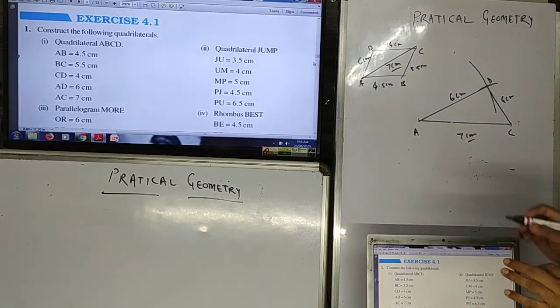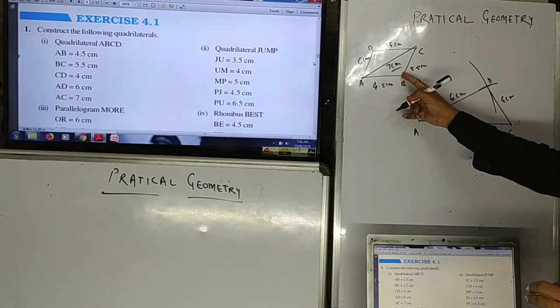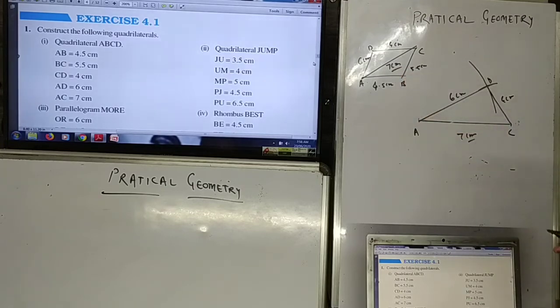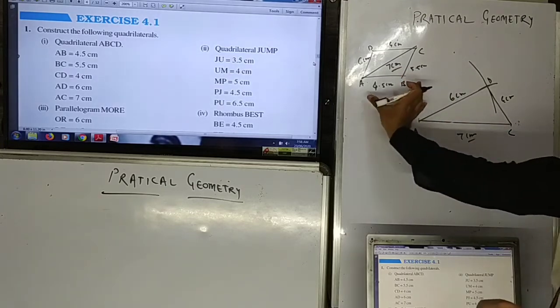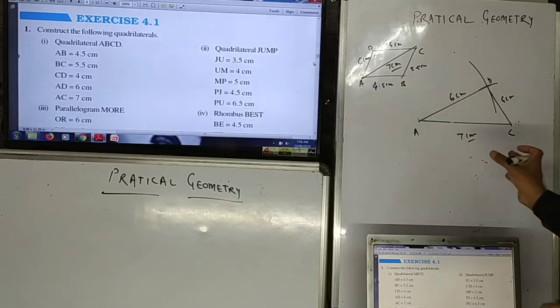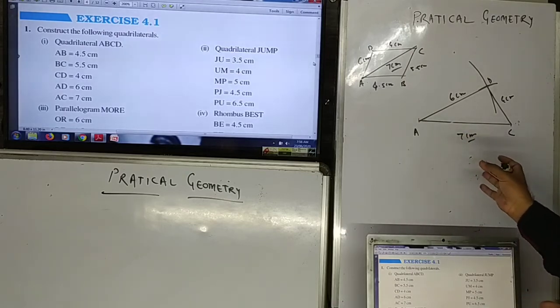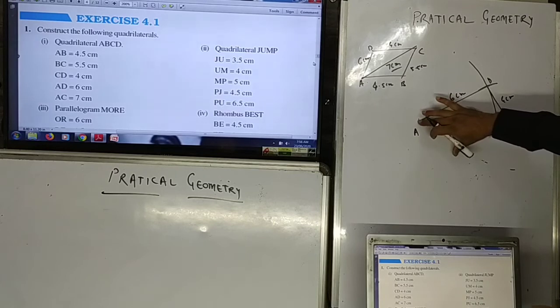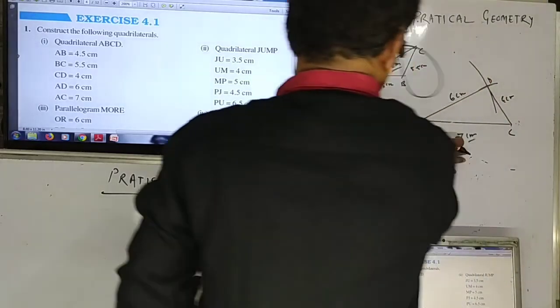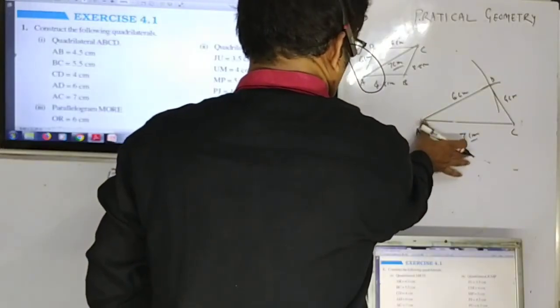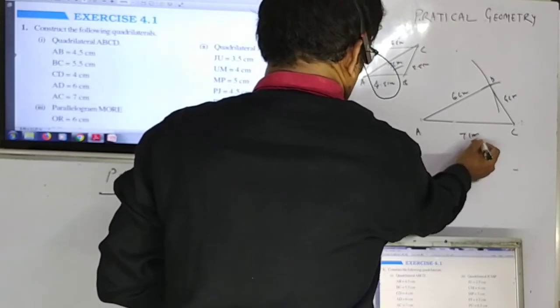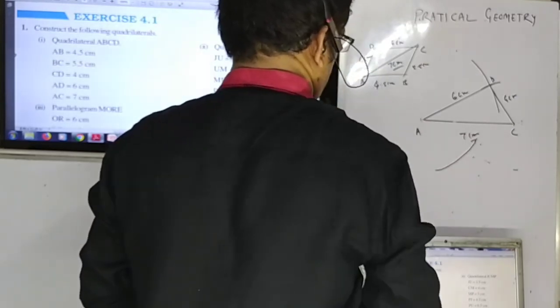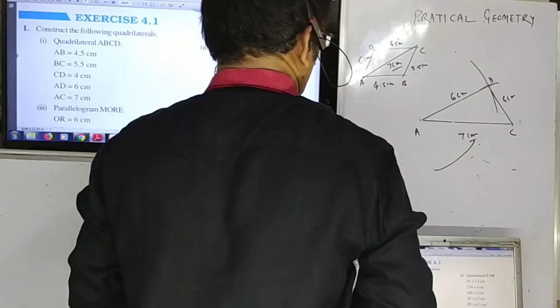Now we have to construct this triangle ABC. For this ABC, AB equal to 4.5 centimeter. Put 4.5 centimeter in rounder and put metallic end of rounder at A and draw arc of radius 4.5 centimeter.